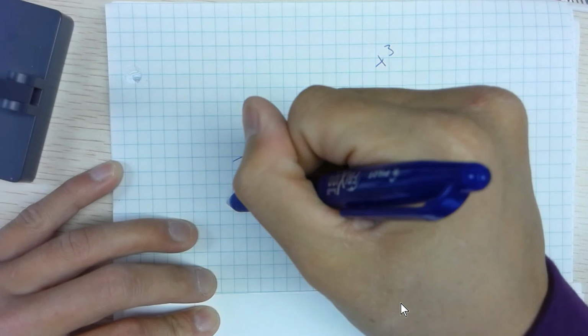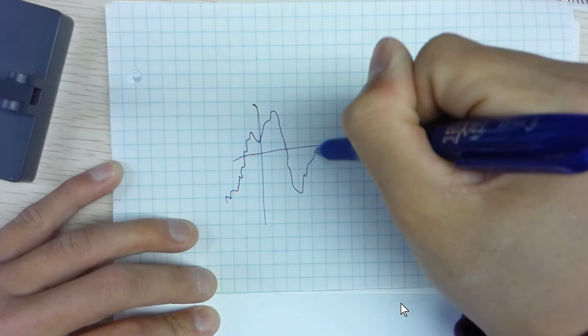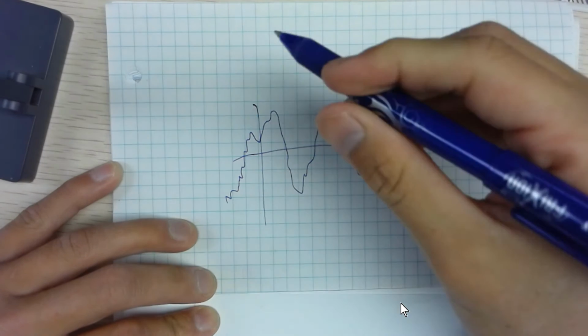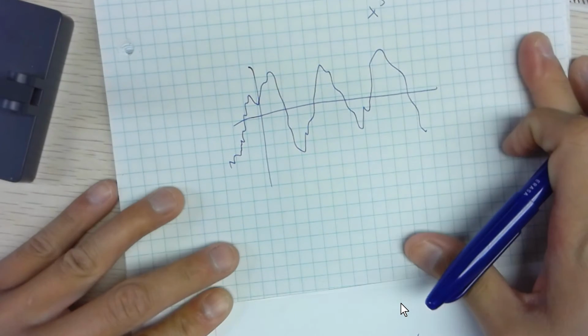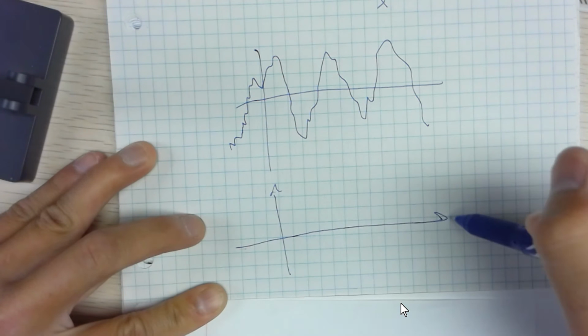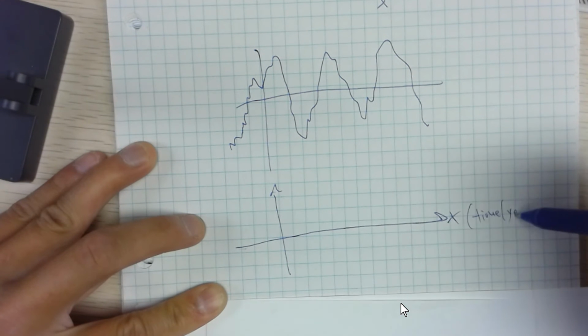It might zigzag a little bit, but generally you see a trend here, right? Let's say that x was in units of time, in years.